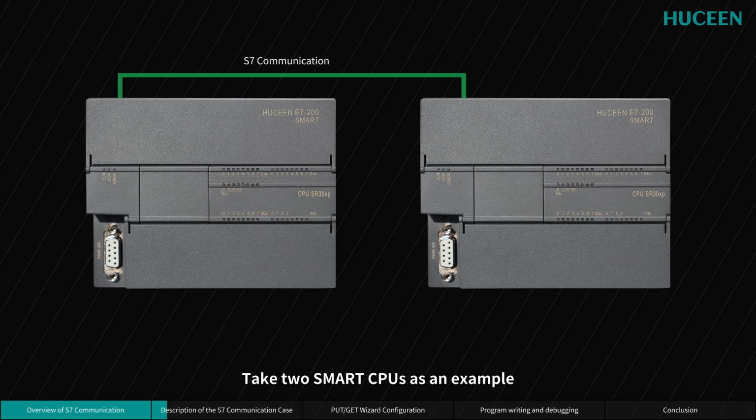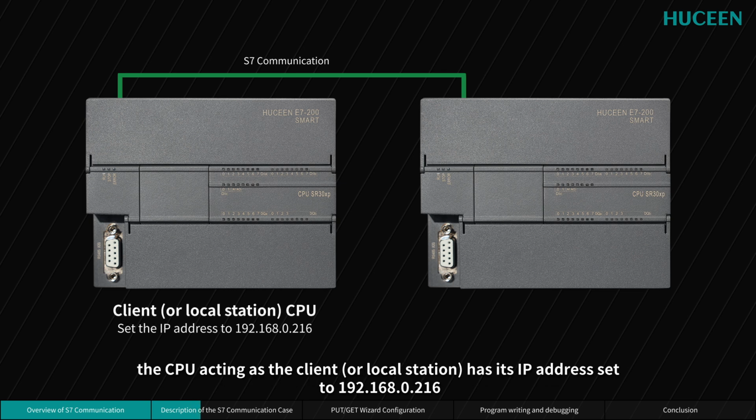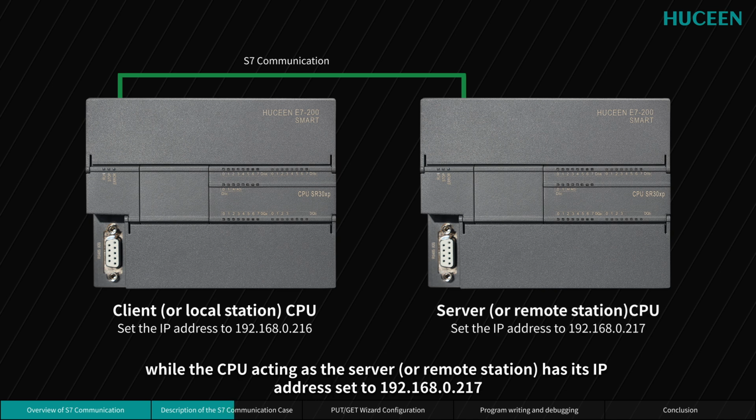Take 2 smart CPUs as an example. Through the S7 communication method, data exchange between the 2 CPUs is achieved. Among them, the CPU acting as the client or local station has its IP address set to 192.168.0.216, while the CPU acting as the server or remote station has its IP address set to 192.168.0.217.